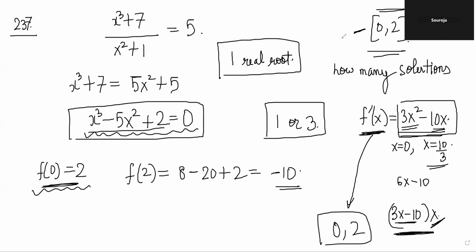Right now I'm not going to go into details and you are not expected to solve this right now. But what I'm telling you is, if you knew that the function was decreasing from 0 to 2, can it have more than one root? It is not possible.